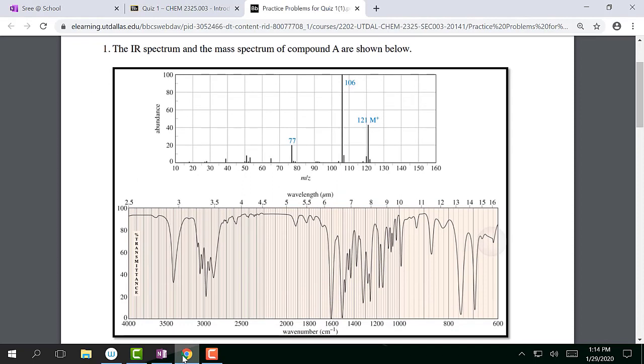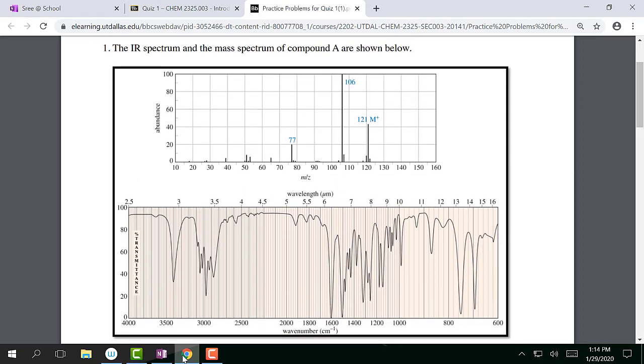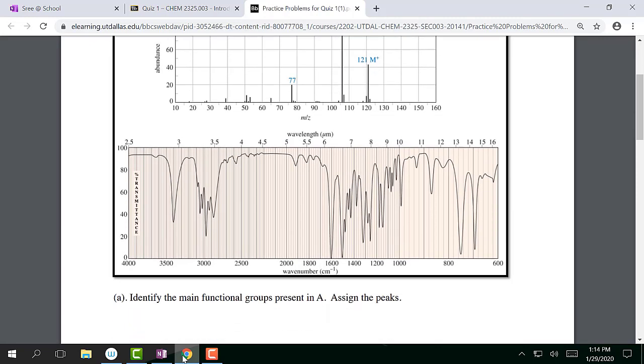Right off the bat, you should know that there's going to be a benzene ring in the problem, and obviously methyls. So what this graph tells us is there are three different locations you should look at.